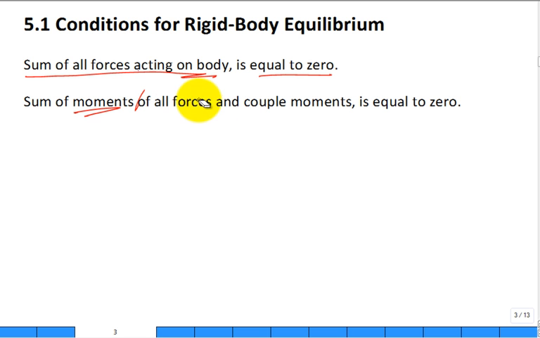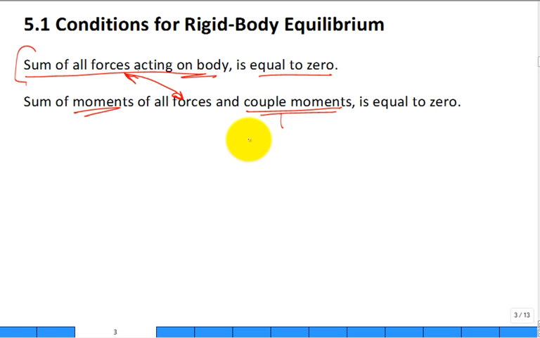Well, the sum of all the moments of the forces, those same forces, these are the same, aren't they? If a force is acting on the body, it can make it tend to translate as well as rotate, that same force, as well as couple moments. Well, there's no equivalent couple moment in the sum of the forces.